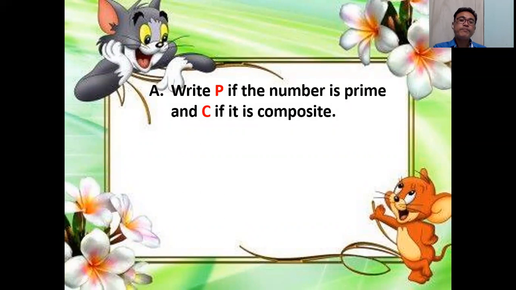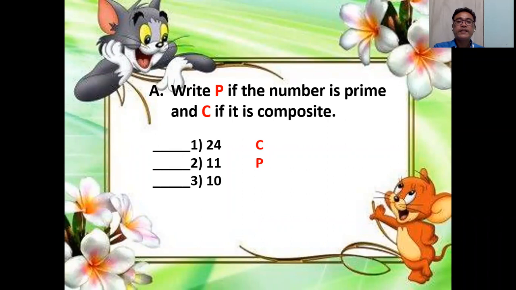Write P if the number is prime and C if it is composite. Number 1. If your answer is composite, very good. Number 2, 11. If your answer is prime, you got it right. Number 3, 10.